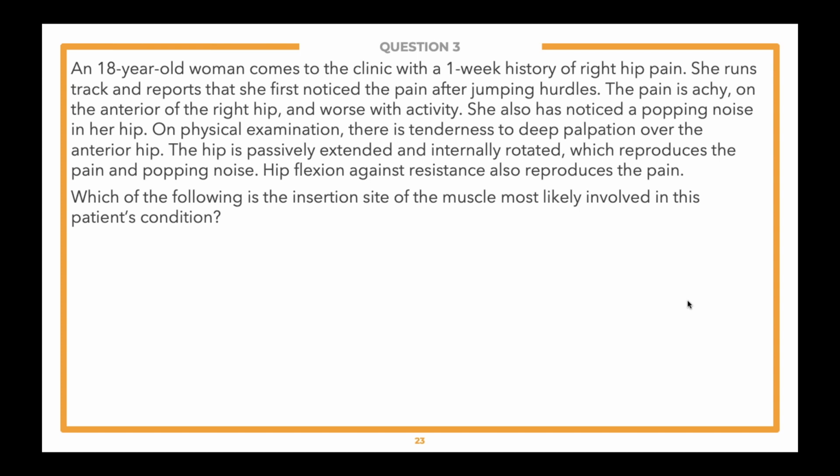On physical examination, there is tenderness to deep palpation over the anterior hip. The hip is passively extended and internally rotated, which reproduces the pain and popping noise. Hip flexion against resistance also reproduces the pain. Which of the following is the insertion site of the muscle most likely involved in this patient's condition?